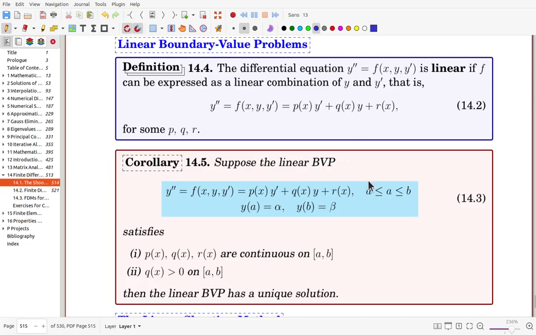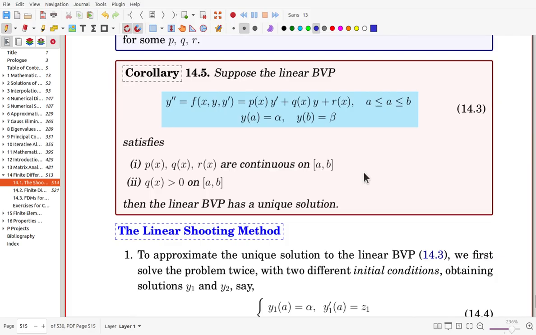For this linear equation, let's see existence and uniqueness of the solution. Okay, here we have a linear problem, and at the left edge point the value is alpha, at the right edge point the function value is beta, and it satisfies these two conditions. p, q, r are continuous.